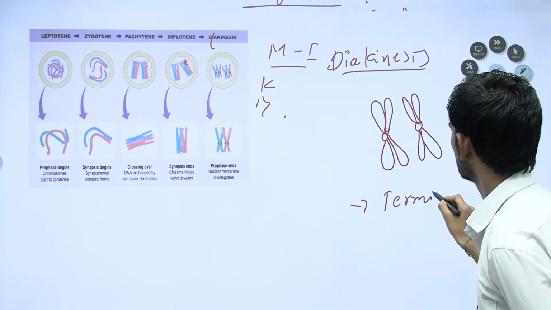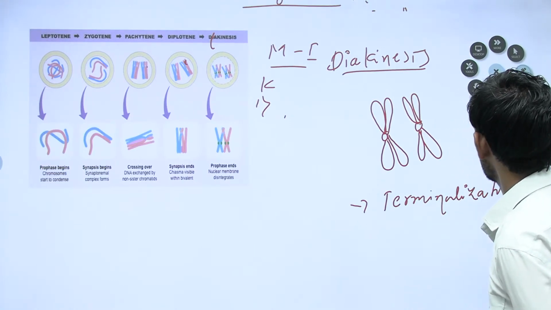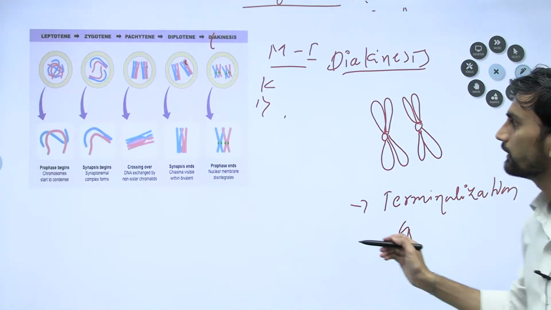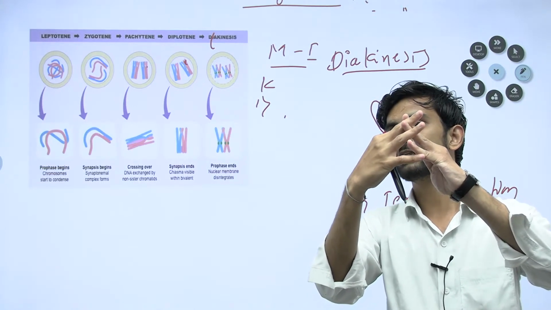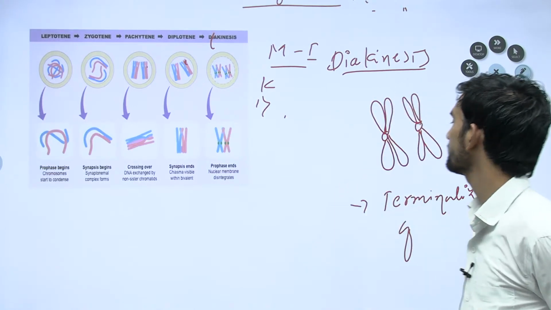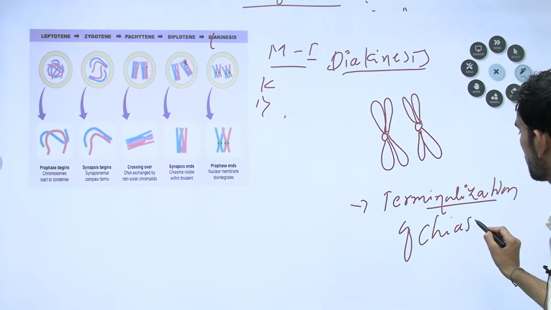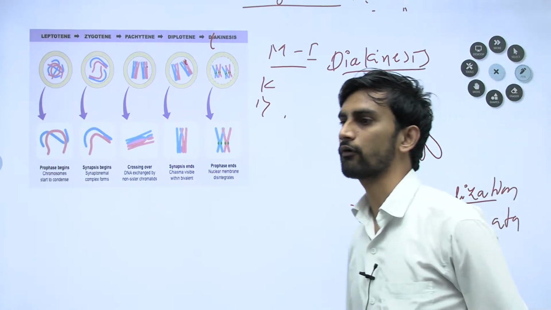Terminalization. Terminalization means the chiasmata is coming towards the terminal end, the peripheral end. That's the name, terminalization of chiasmata. So this is very important.